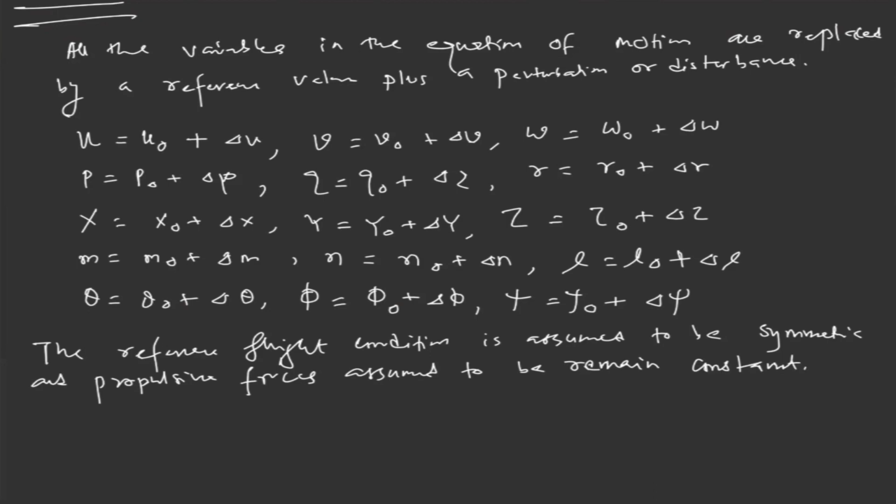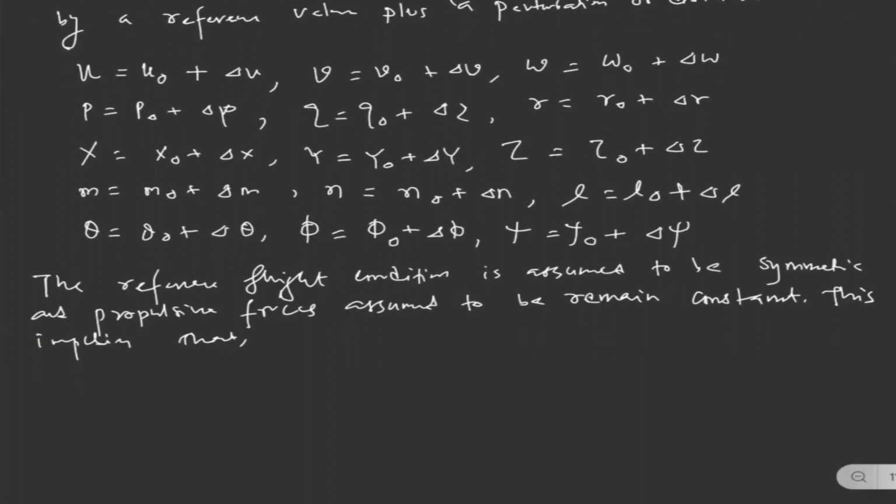In this condition, we can write, if you consider this is the reference flight condition, then V naught equal to P naught equal to Q naught equal to R naught, and phi naught and psi naught equal to 0.